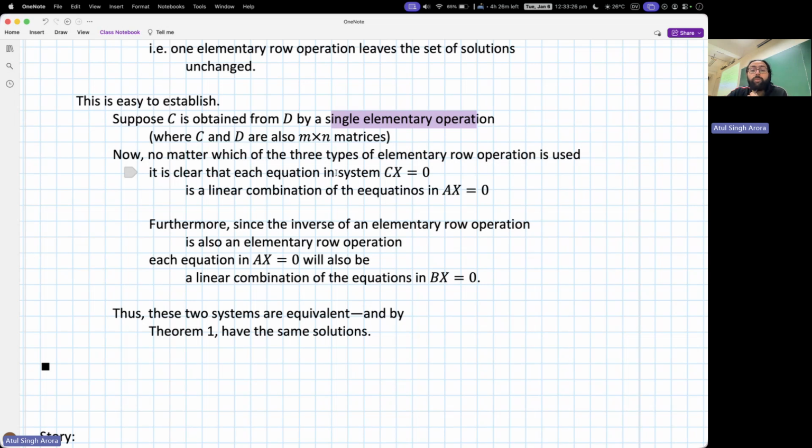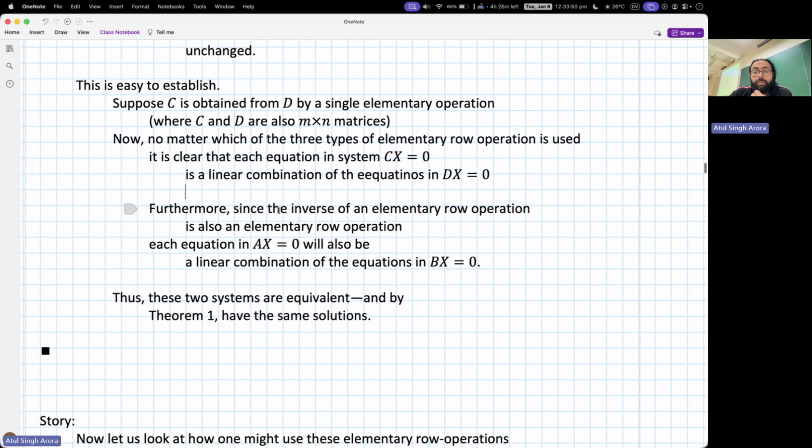It is clear that each equation in this system is just a linear combination of equations in AX, which is what somebody had just pointed out. I should have written C and D. I messed up my variables. So let's correct that.